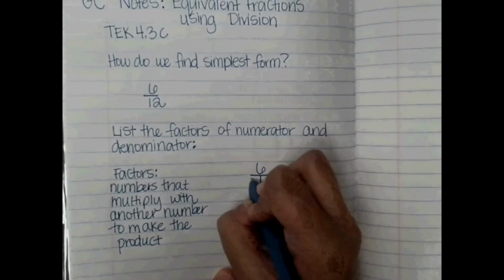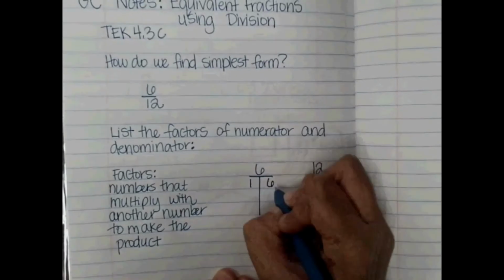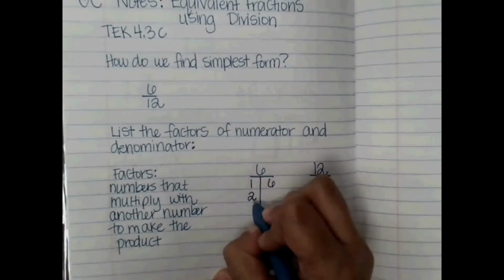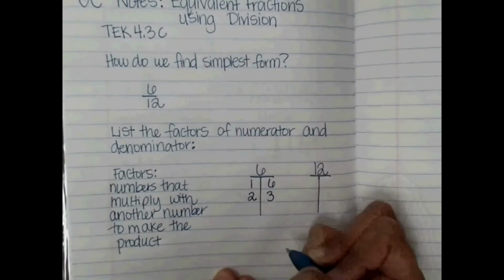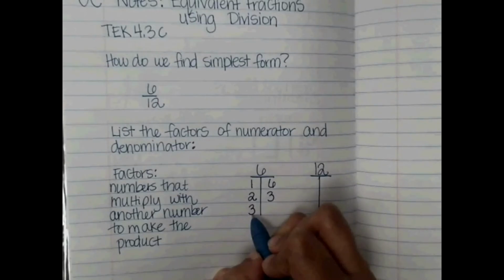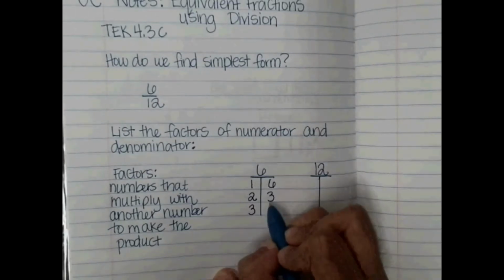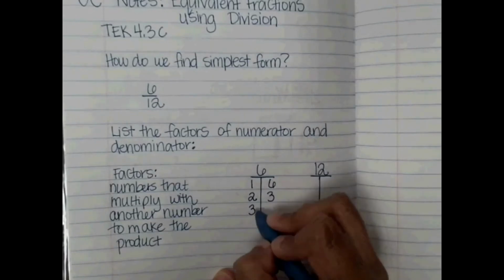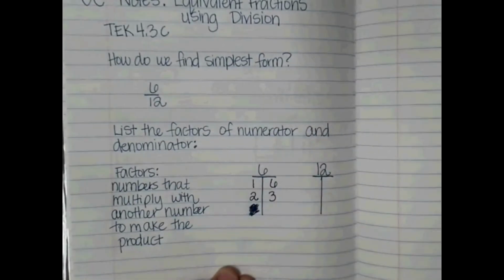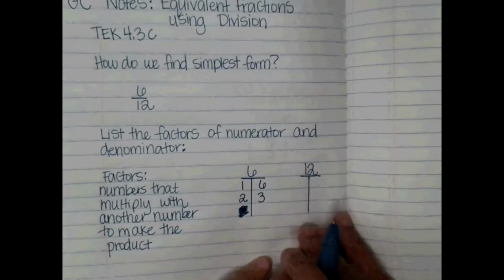So if I have 1, I know 1 times 6 is 6. Then I go to 2. 2 times 3 is 6. Then I go to 3. Well, if you are writing a number here and you end up on this, you see that it's on this side as well, then that means you don't have to do any more. That's your stopping point. So I'll show you on 12 how that works too.